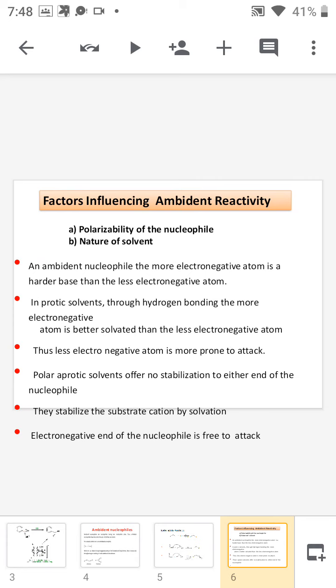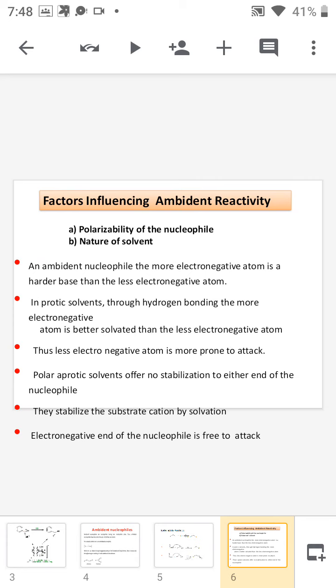Depending upon the electronegativity, we can classify these two atoms as hard and soft. According to the HSAB principle, hard base will always react with hard acid, and soft acid will always react with a soft base.